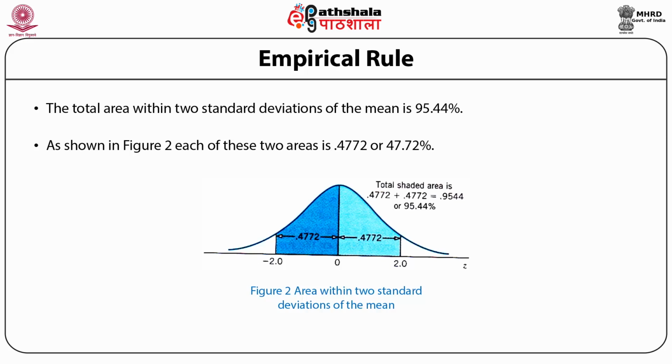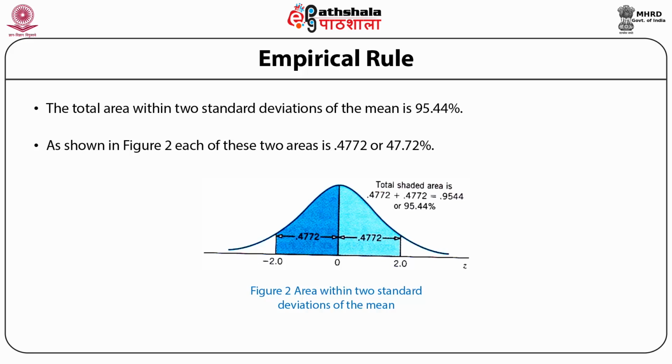So on the right-hand side 0.4772 is the area between 0 and 2, and the second, for -2 to 0, is again the corresponding value, 0.4772. So take the sum of these two values and we have the area between -2 and 2.